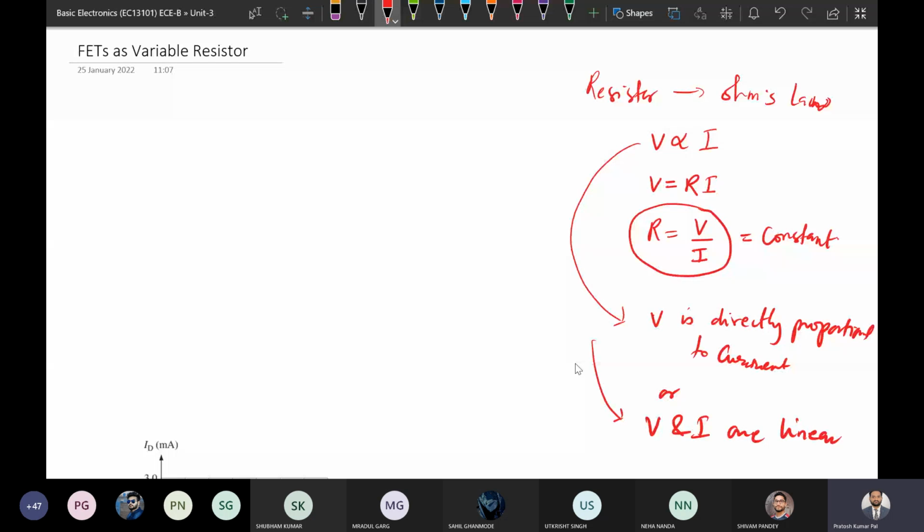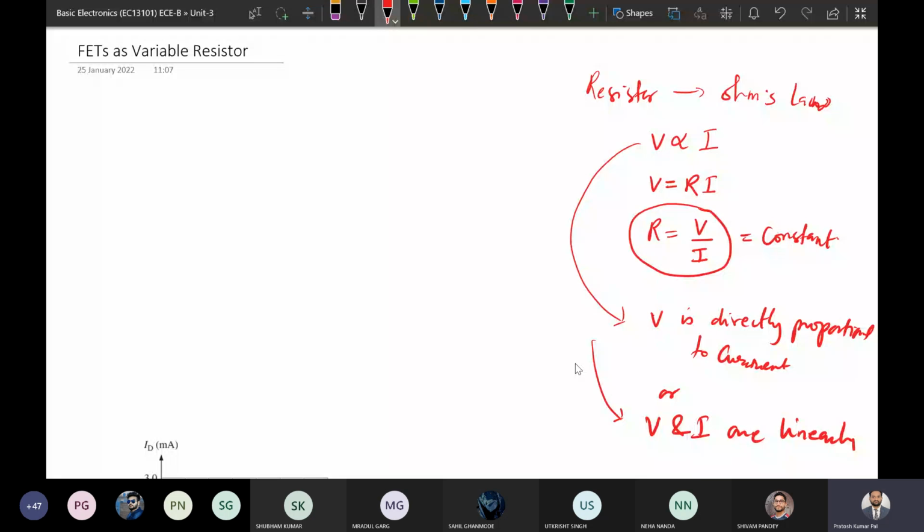So the similar concept we will be applying to FETs, JFETs and MOSFETs. We will see how JFET and MOSFET can act as a variable resistance.